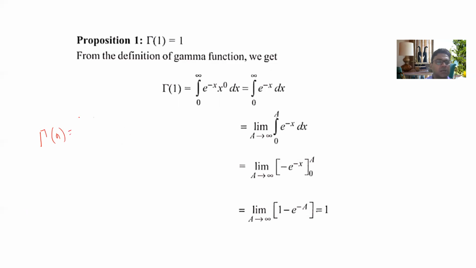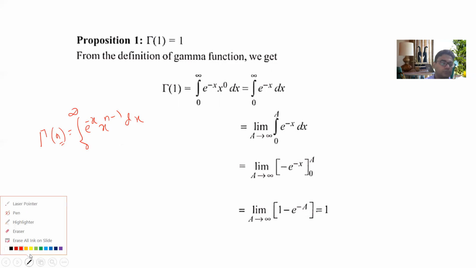Gamma n is equal to the integral from 0 to infinity of e to the power minus x, x to the power n minus 1 dx. Here n is equal to 1. So the integral from 0 to infinity of e to the power minus x, x to the power 1 minus 1, that is x to the power 0, dx. So ultimately you have the integral from 0 to infinity of e to the power minus x dx.